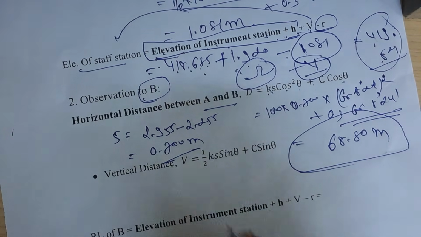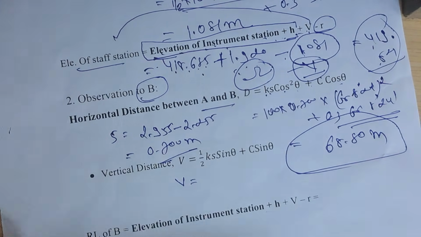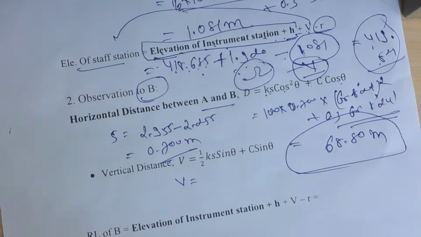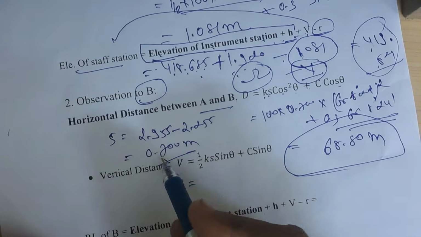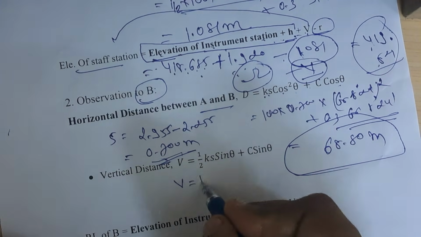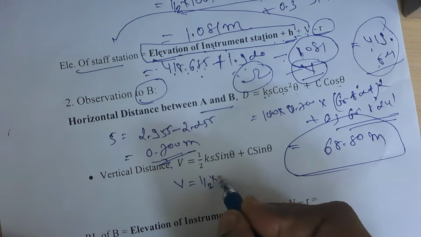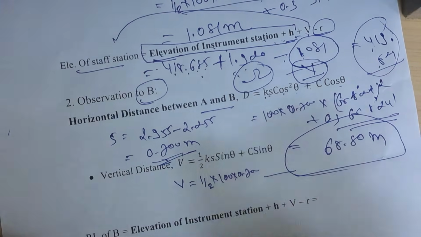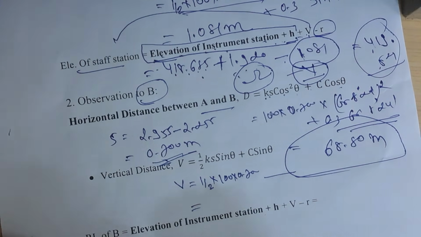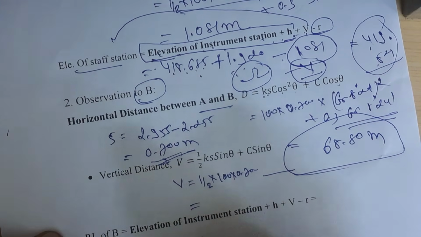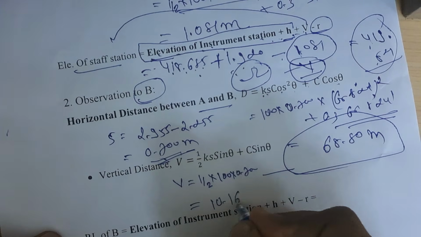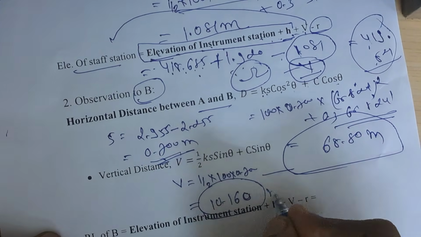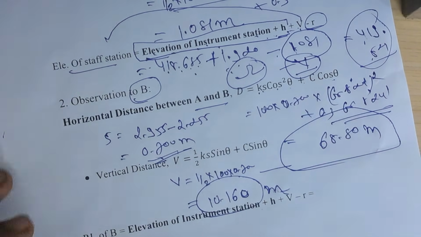Now same procedure for the vertical height that we already did for the observed reading at the benchmark. Same procedure, but this time we need to consider the staff intercept is 0.700. So 100, then 0.7, and then put the value, you will get the answer 10.160 in terms of meter.